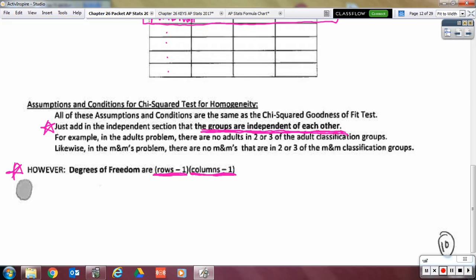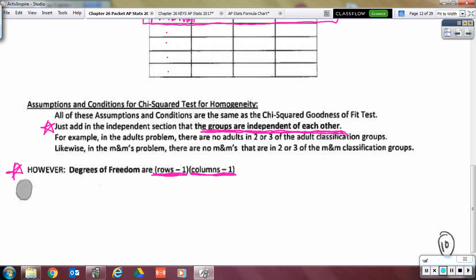All right, our large enough condition will also be the same. What is large enough? A count greater than 5. What kind of count? Expected count greater than 5, and you have to make sure you get that down. But look, since this is multiple dimensions, not just one column in list 1 that we have for our data, our degrees of freedom are based on both dimensions.